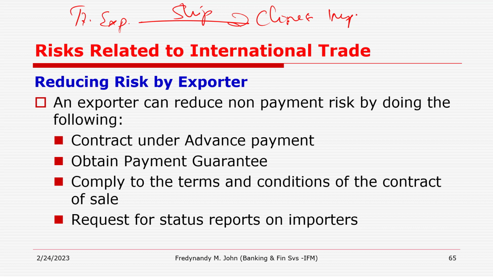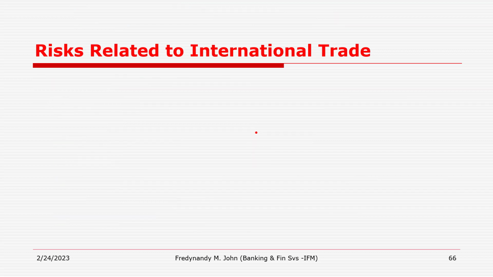In case you are skeptical, simply ask for status reports. Status reports will be issued by a bank. Okay. So a bank can confirm to you if indeed this Chinese importer has a very good reputation, is financially sound, plus any other information that you will want to ask.